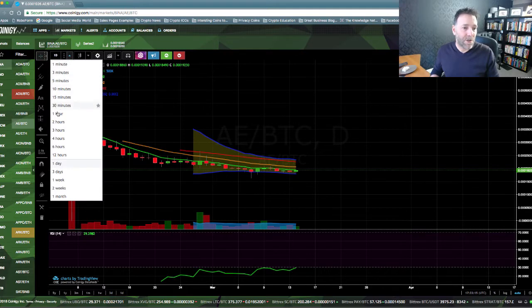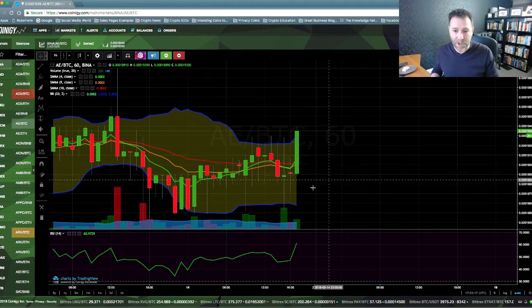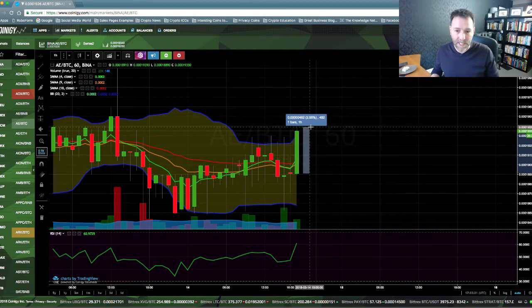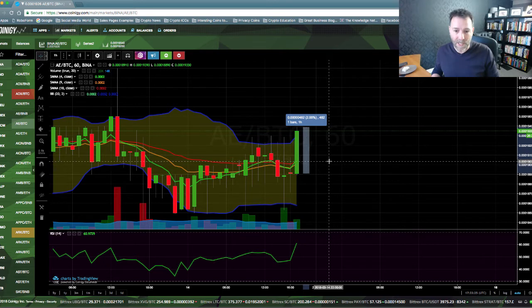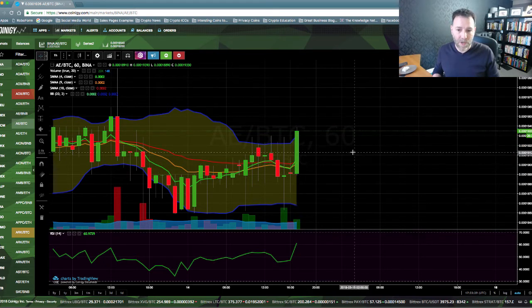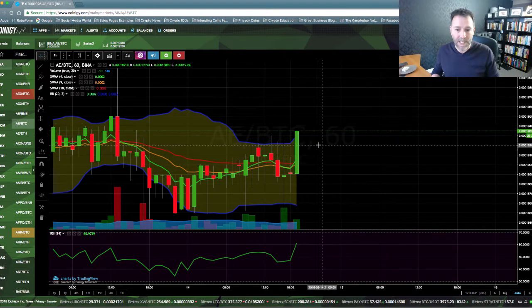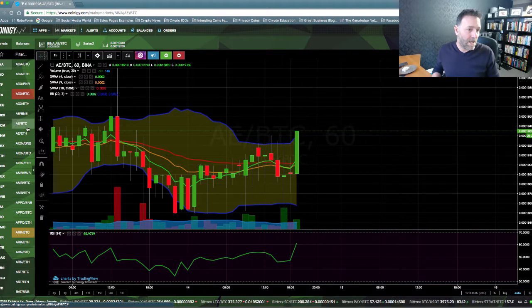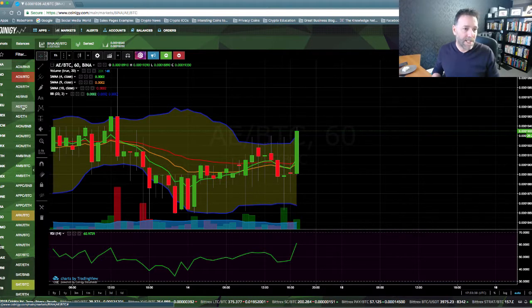So that might be a good opportunity right there. We'll just see what percentage that's gone up. It's gone up 2.5% over the last hour, which is big. So I would keep an eye on that and look at the next candle that's coming out in the next hour. So I wouldn't jump into that. Yeah, I wouldn't jump into that.